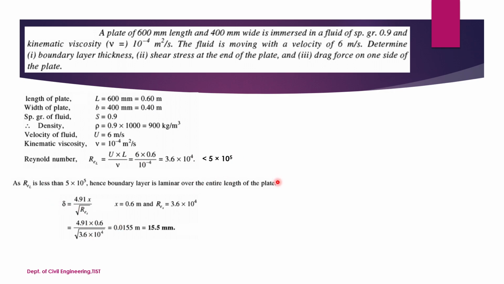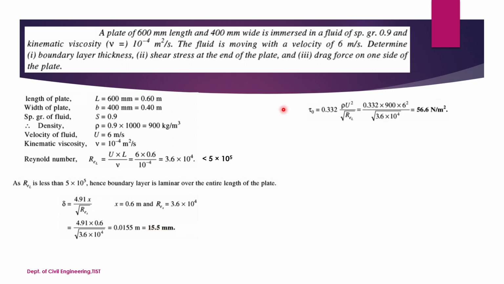At the end point, the distance from the leading edge is the total length of the plate. So here instead of X, we can apply the value of L, the total length of the plate. When you apply, you'll be getting delta as 15.5 mm.